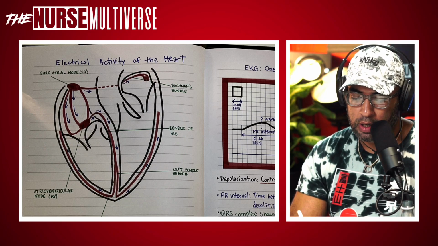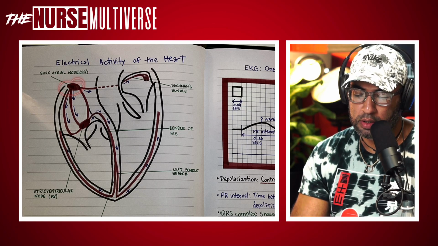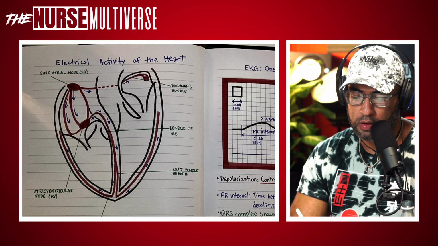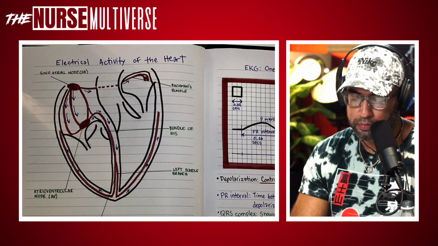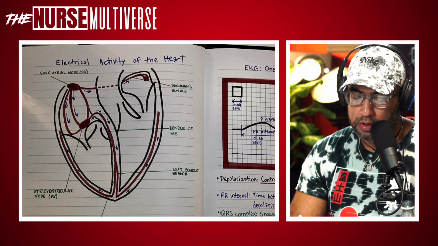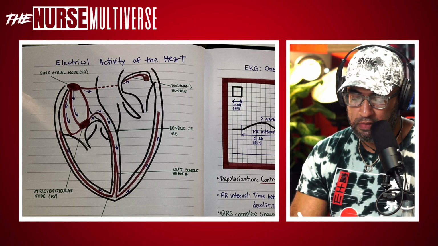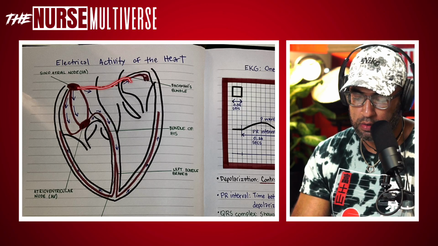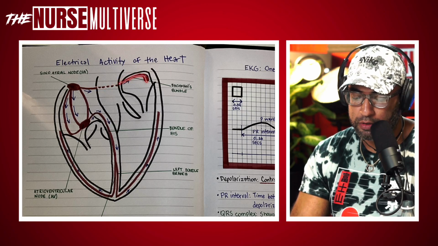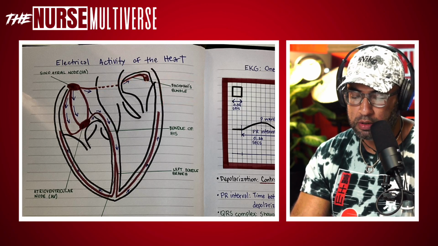They are two nodes: the sinoatrial node, or SA, and the atrioventricular node, or AV. The sinoatrial node is on the right side, and it has a fiber that goes all the way to the left side, which is called Bachmann's bundle.